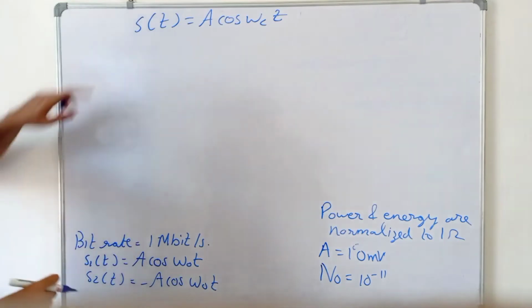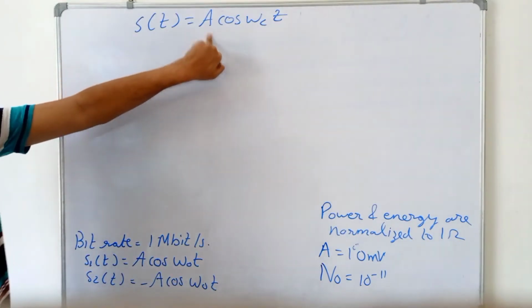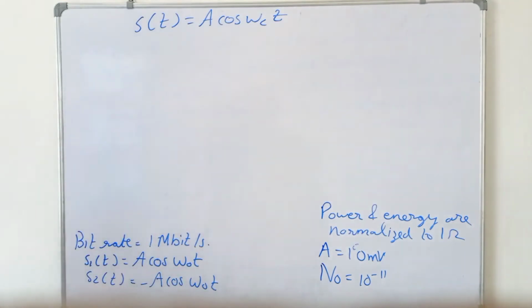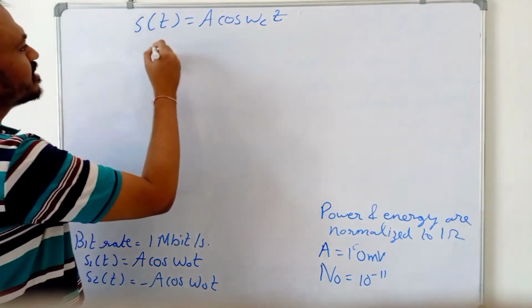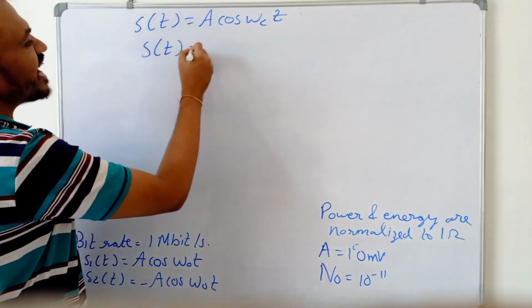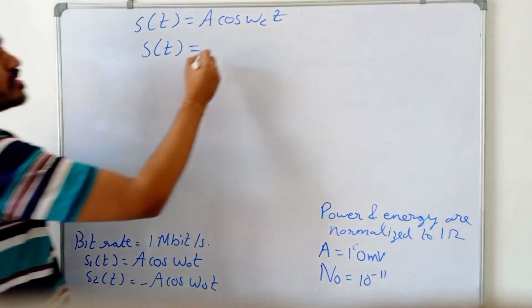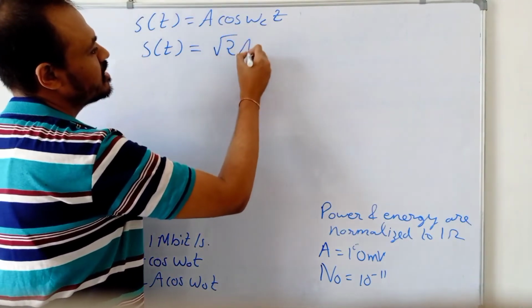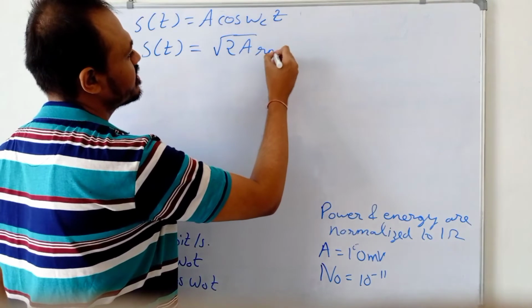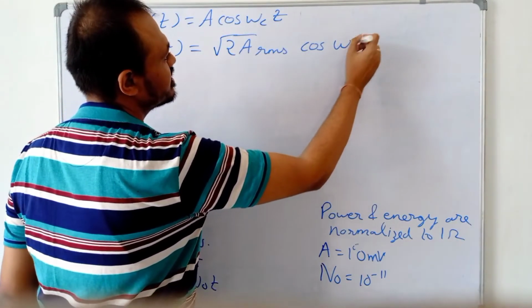Here S(t) is either a voltage signal or a current signal, and A denotes the peak value of the waveform. And peak value is equal to root 2 times the RMS value. So we can write it as root 2 A RMS cos(omega c t).